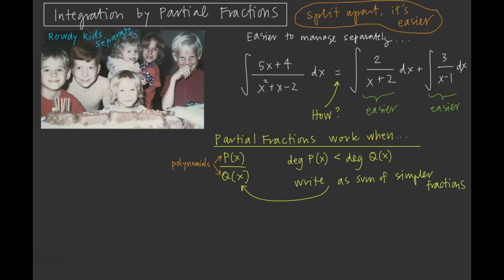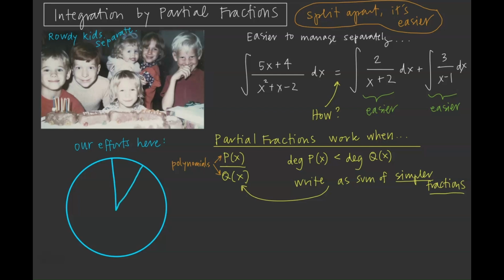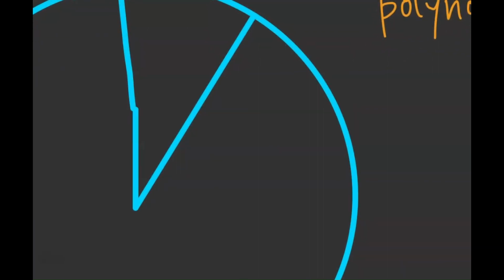You've probably seen this method before, but we'll review it. Essentially, this section is weighted a little bit funny, because if you think of all of the learning that we're going to do in integration by partial fractions, our efforts here are not really spent a lot in the integral itself. It's just getting it ready for the integral. First, we have to decide: do partial fractions apply?